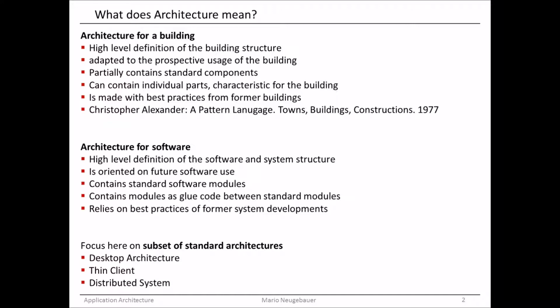In an architecture for a building, the standard components are used in the drawings, for example. And to connect these standard modules, the software architect needs to plan some glue code which somehow connects these standard modules. And as well as the architecture for a building, the architecture for a software also relies on best practices of former system developments, of the experience of the software architects, and on patterns as well.